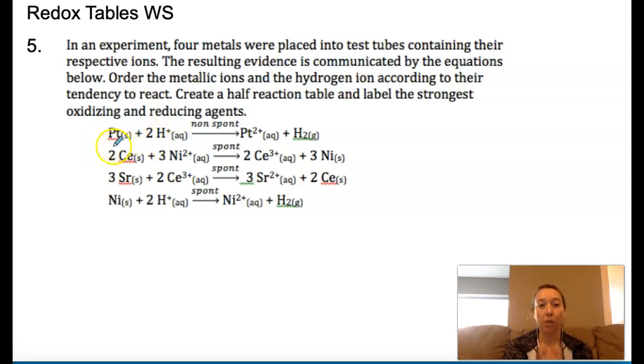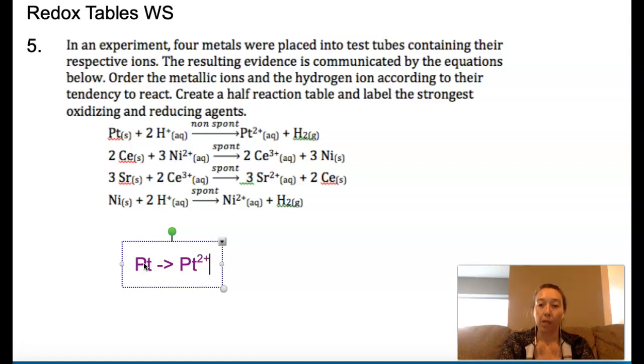So how we're going to do this. Here's Pt solid. Here's Pt2+. If we wrote that as a separate reaction, Pt turning into Pt2+, where would we put those electrons to balance this equation out? This has no charge. This has two positives. We would be putting two electrons over on this side so that we have 0 to 0.